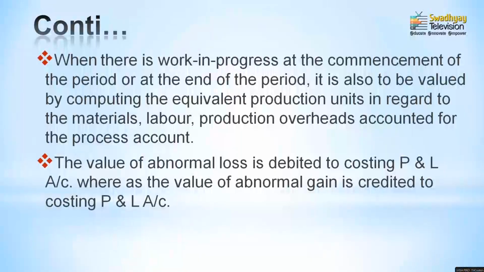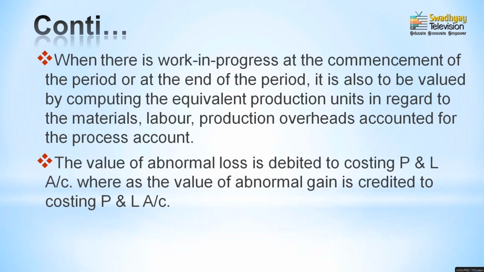So, at the end of this particular process, work in progress value has to be recorded into the respective process account, and at the end of everything, whatever the amount of profit received of the respective process, whether it is an abnormal loss, an abnormal gain or any other part of losses and gains, would be transferred to the costing profit and loss account.